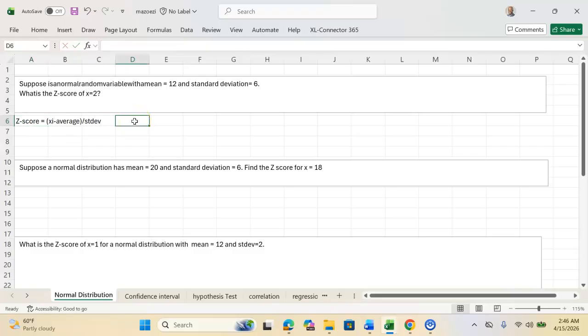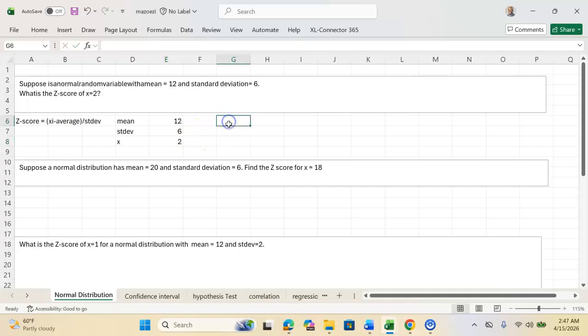It's good to organize your data so that you can use Excel functions easily. So let's write here the mean or average, which is 12, the standard deviation, and then the x value, which is 2.